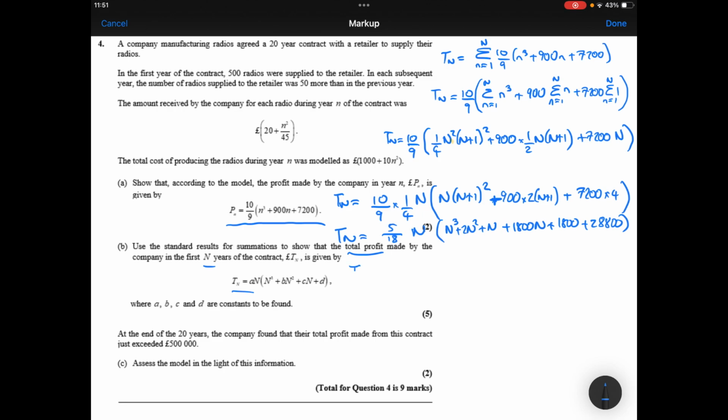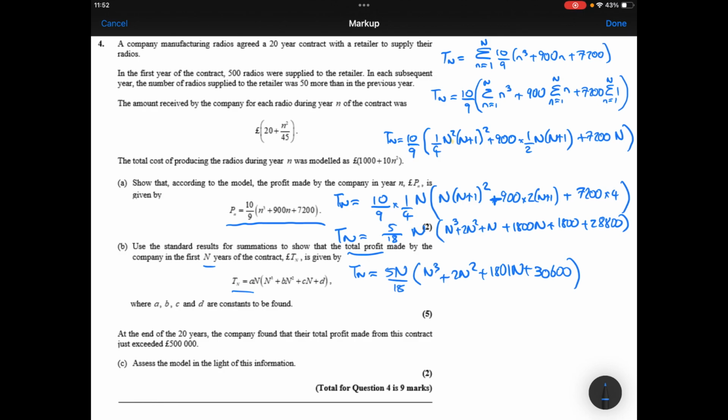And collecting up those like terms, we get our answer. So that's our answer for Tn, which is the total profits made by the company in the first n years of the contract.